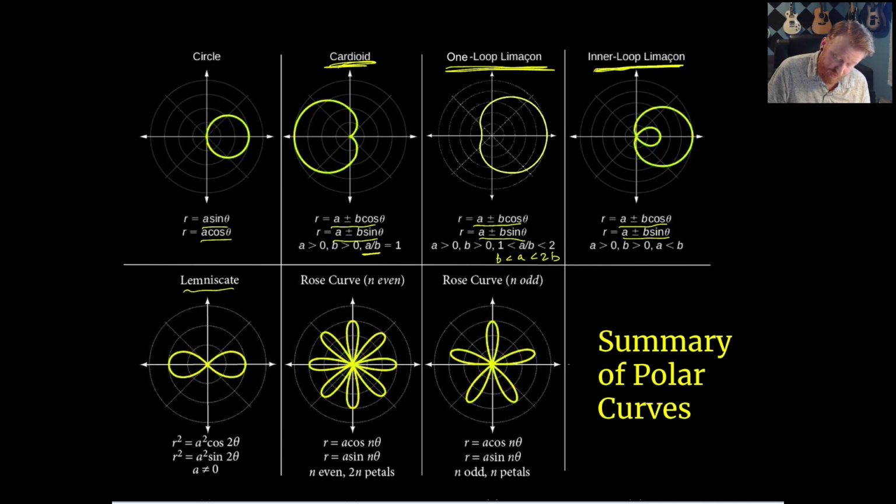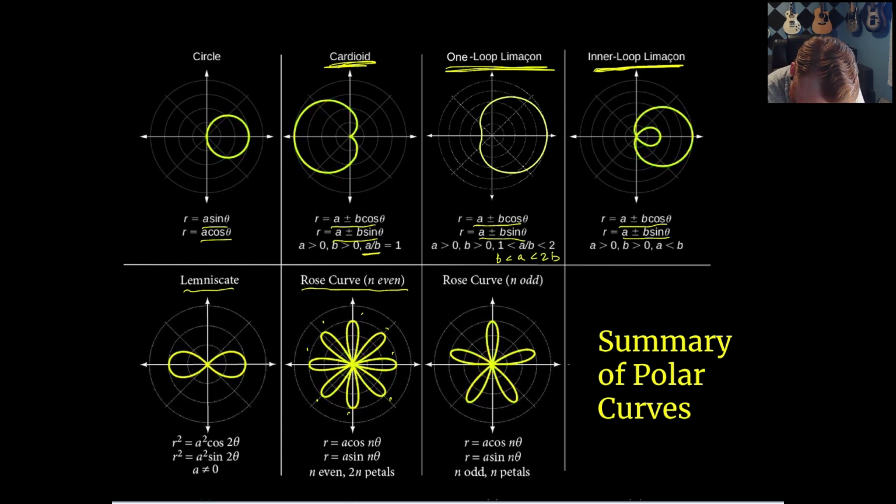The lemniscates we barely went over here, but I have them on here for completion. And then we looked at the rose curves here. Here I can see that this has 1, 2, 3, 4, 5, 6, 7, 8 petals. The first petal is on the x-axis, so that tells me that this must be a cosine 4 theta.